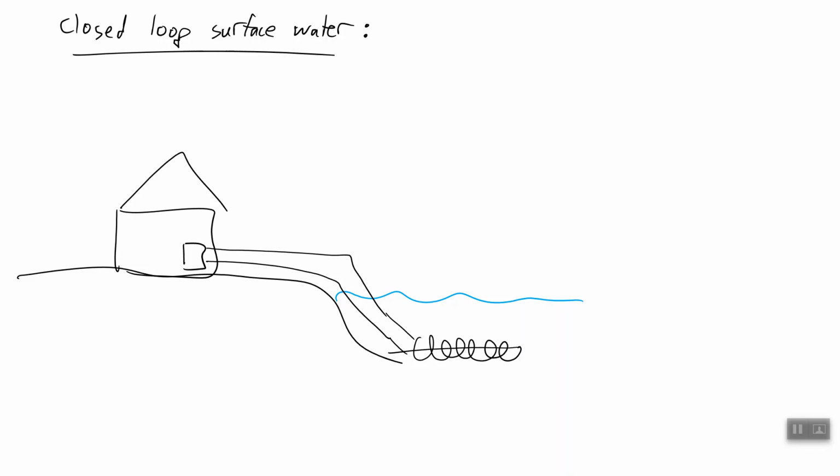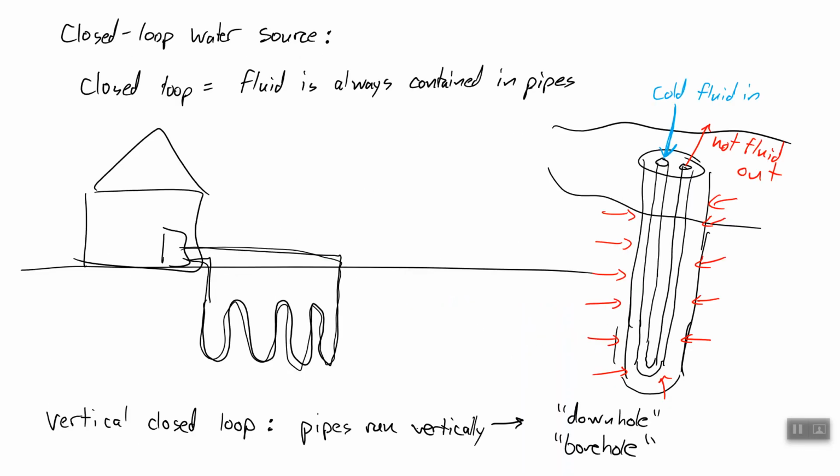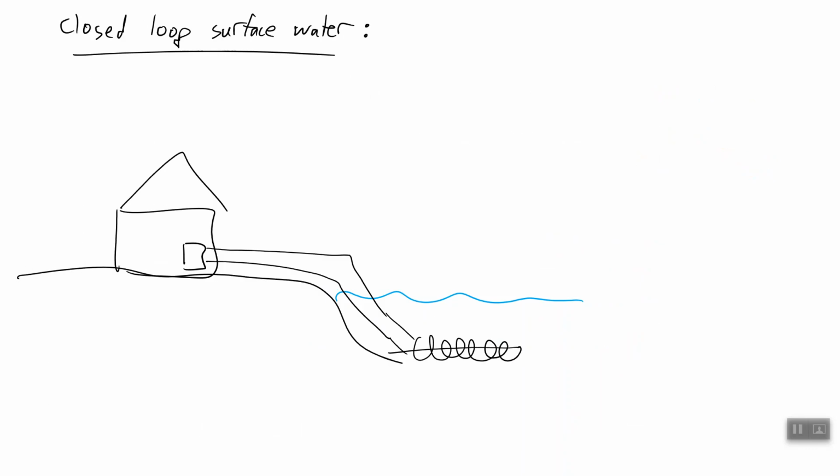Tubes. Okay, and now I want to talk about all of these systems. I've just drawn here these tubes leaving, but what I want to make sure we understand is that the heat pump, so here's our heat pump, right?